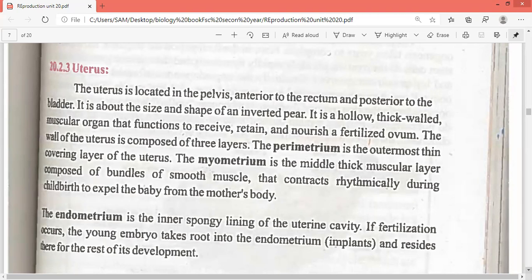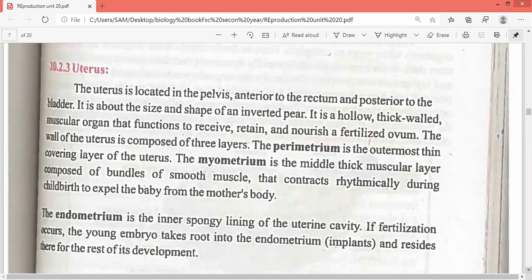The uterus is anterior to the rectum and posterior to the bladder. It is about the size and shape of an inverted pear. So if you want a clear concept of how the uterus looks, it is just like an inverted pear, the nashpati as we call it.